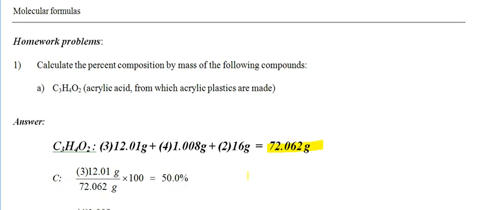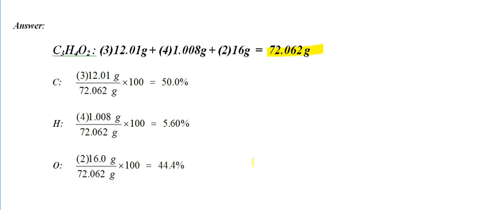Once we have the molar mass for the compound, to find the percent composition of each element, we need to find what each element's mass contributes to the compound. For carbon, we have 3 carbon atoms, and the total molar mass is 72.06. Take the carbon's mass divided by the total mass, multiply by 100, and we get approximately 50%.